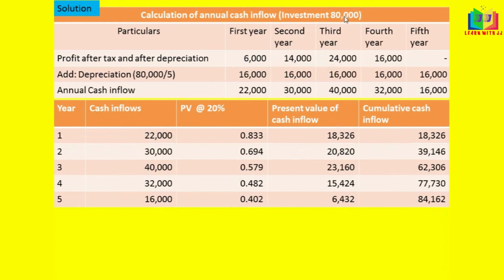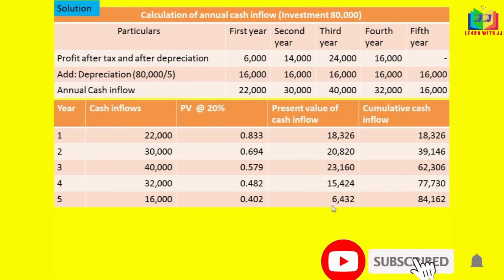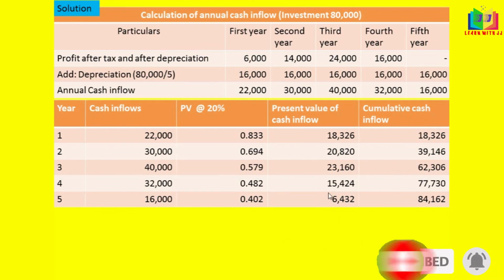The investment here is 80,000. We have to check where it crosses. The 80,000 lies between the 4th year and the 5th year. So we take 4 years plus the investment of 80,000 minus the cumulative cash inflow of the 4th year, that is 77,730, divided by the cash inflow of the 5th year. Here we have to take the present value of the cash inflow, not the plain cash inflow.